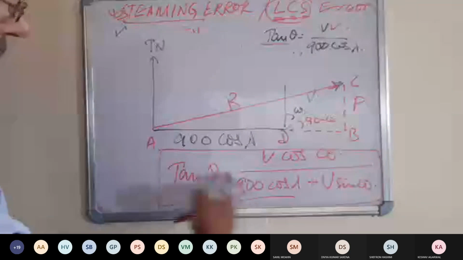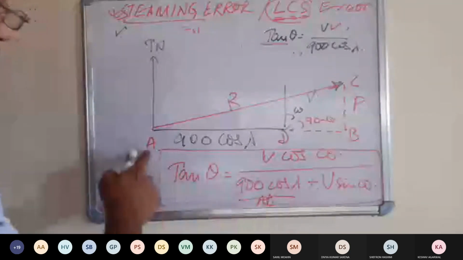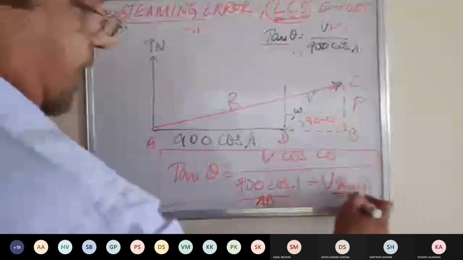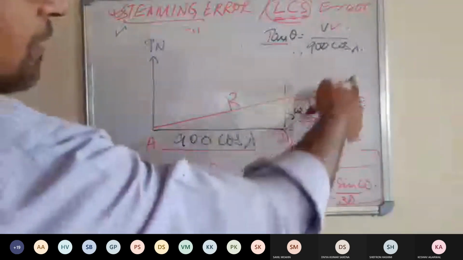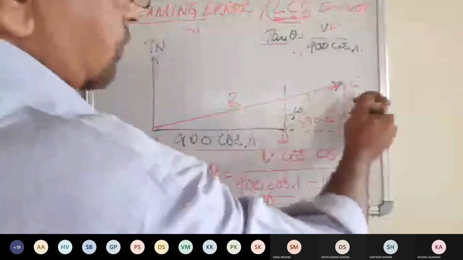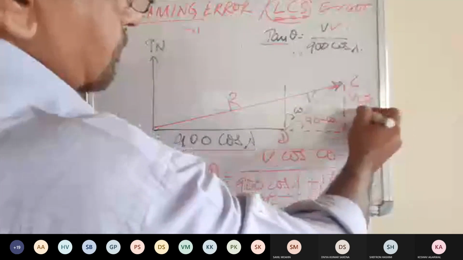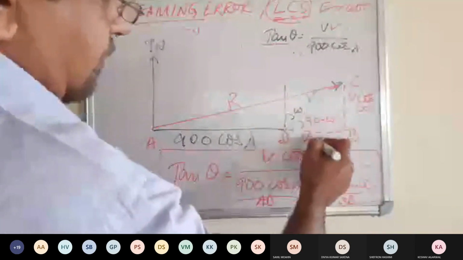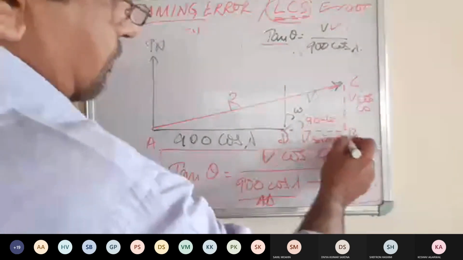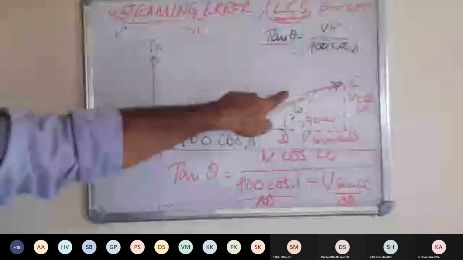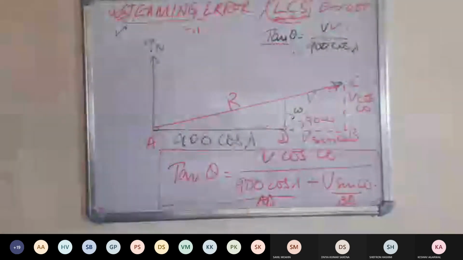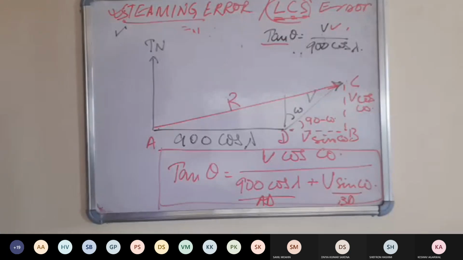So it is AD, this is BD, and this one is V cos, and this is V sin. Take your time and see if it is matching with your understanding, if you are okay with this.